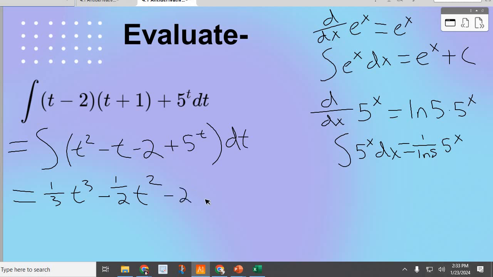Yeah, minus 2t. And then we just found that this is going to be 1 divided by the natural log of 5, 5 to the x. We do have to add a plus C, I did not put it here. Okay, so how come we turn it into 1 over ln?